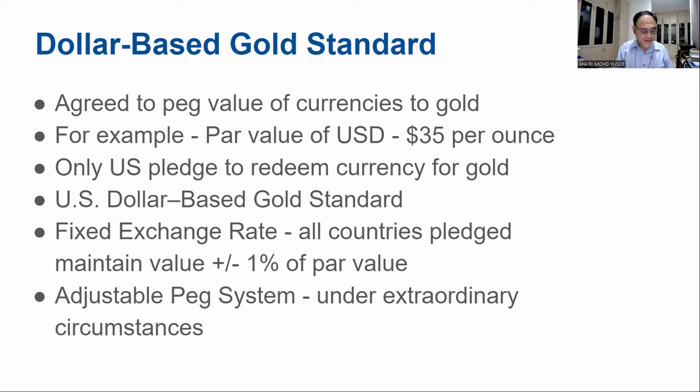In the event that pessimism about the British economy caused the pound to fall below that, for example 2.76, the Bank of England would be required to defend the value of the pound by selling some of its gold or US dollar holdings to buy the pound back. Then hopefully this will increase back to the plus or minus 1% par value. So that is the dollar-based gold standard.